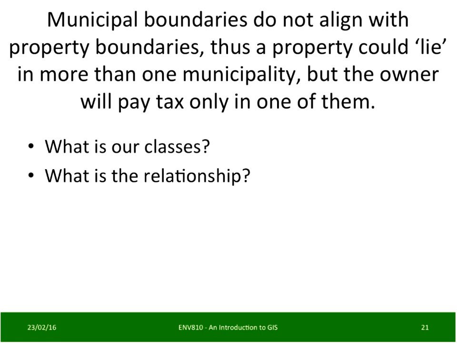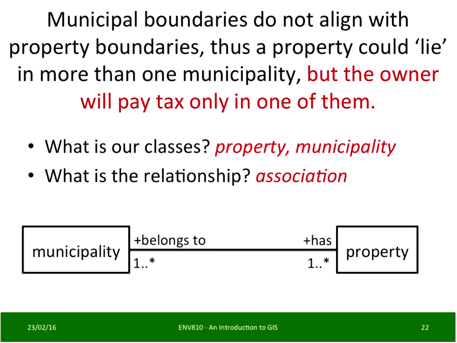So again, we look at what our classes and relationships are. Our classes would be our municipalities and our properties. This is what we just spoke about. We have the municipality that has one-to-many properties, and then the property belongs to one-to-many municipalities.